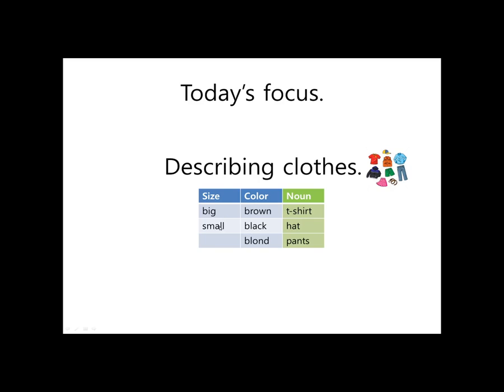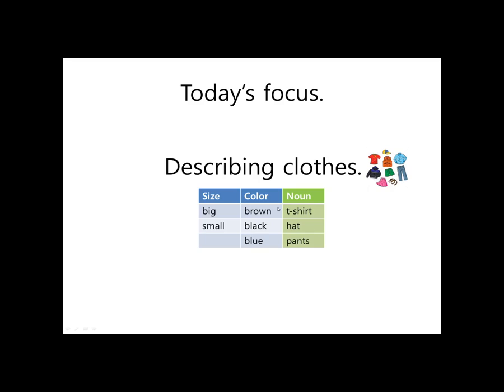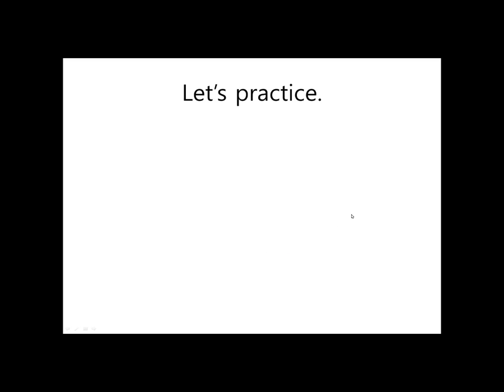She is wearing a small black hat. Okay, let's change this to pants. Blue pants is quite common. There we go. She is wearing small blue pants. Okay, so size, color, and our noun.